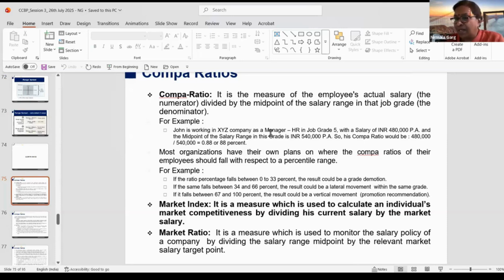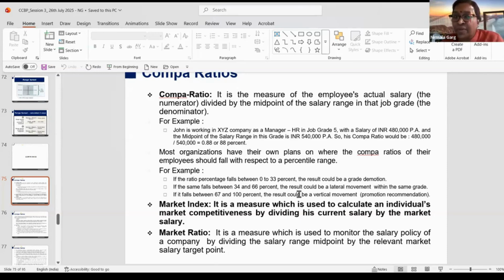Your salary, not salary range, your salary. Say, for example, if I want to know the compa ratio of Avik, I will say his base salary divided by the midpoint of that salary band. Now he might be in a certain salary band, min max is there.